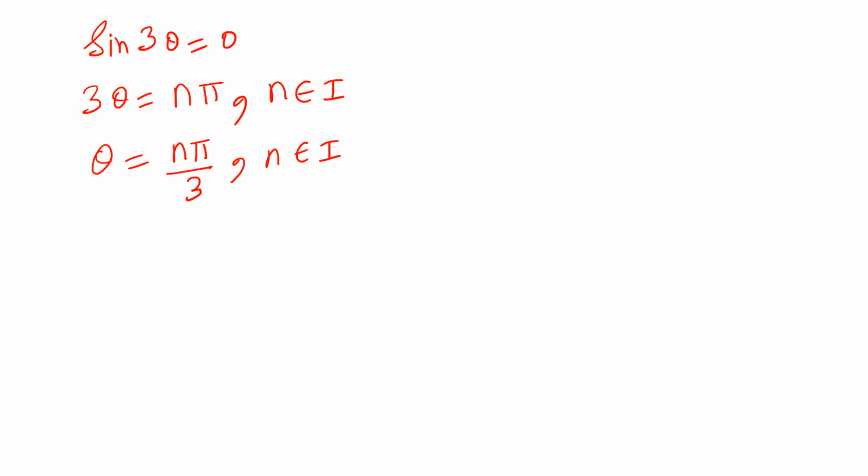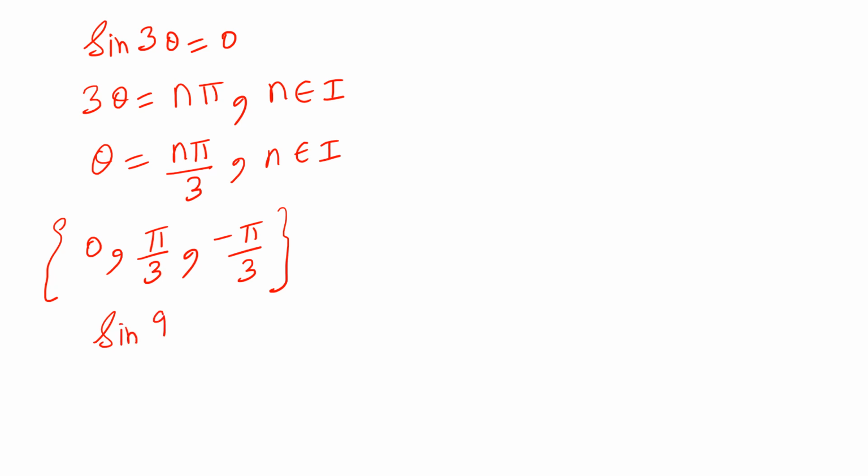If you put any other value of n, then the value of theta will not fall in the given interval. So hence we get three solutions of this equation. The first one is 0 when I put n as 0. The second one is pi upon 3 when I put n as 1. And the third one is minus pi upon 3 when I put n as minus 1.